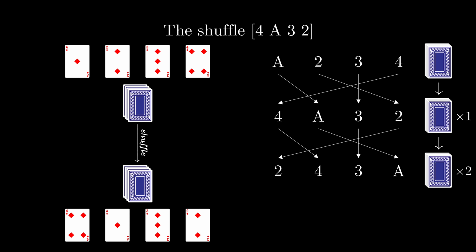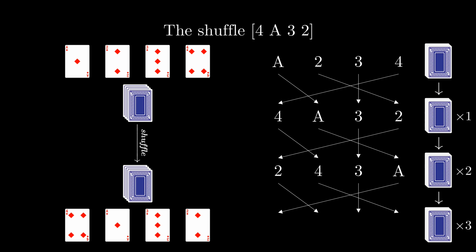Now 4 occupies the ace's original position, so it gets moved into position 2, and so on for each of the cards. We can do the shuffle again, a third time, using the exact same process. But now we see something interesting has happened. This shuffle has now reverted us back to the original ace 2 3 4 order of the cards.